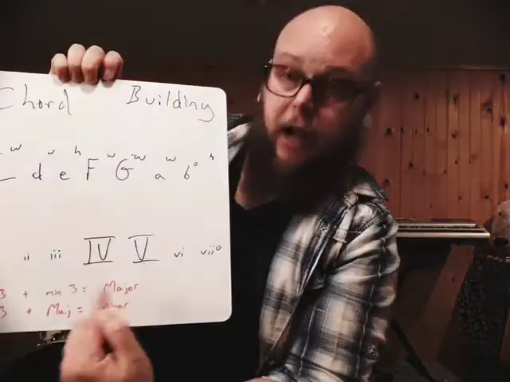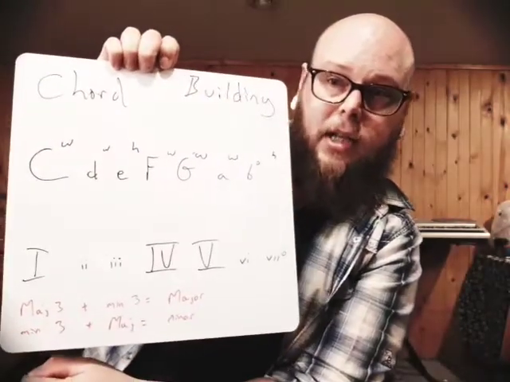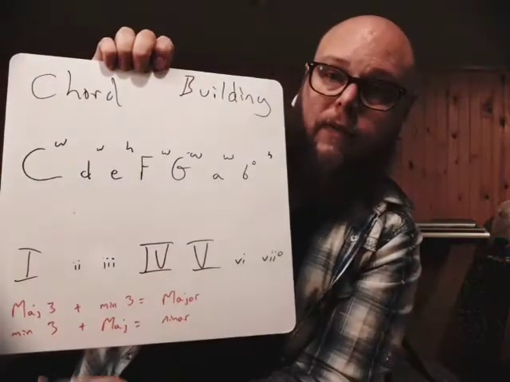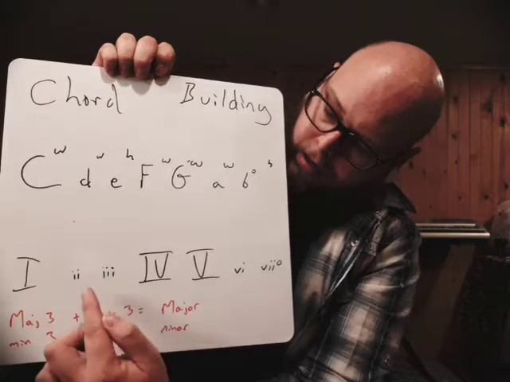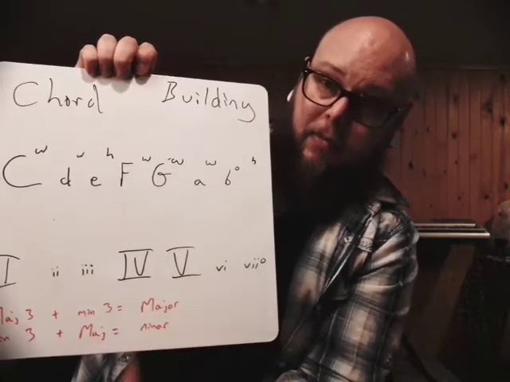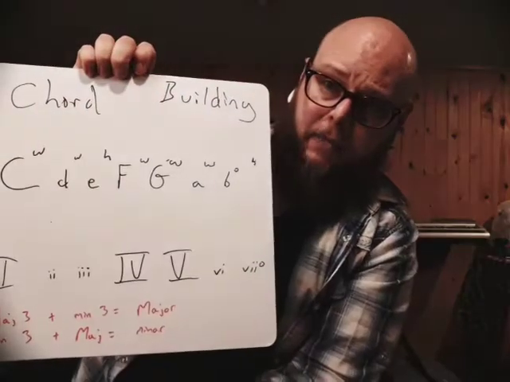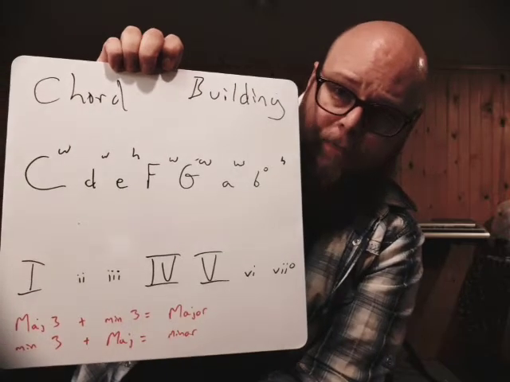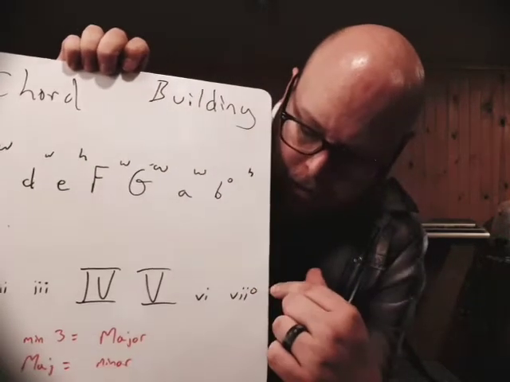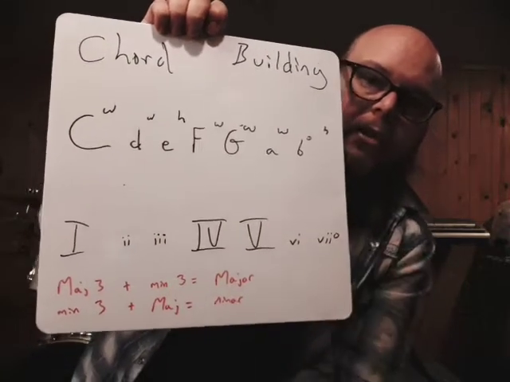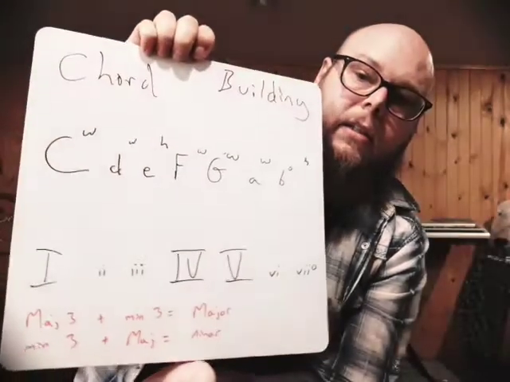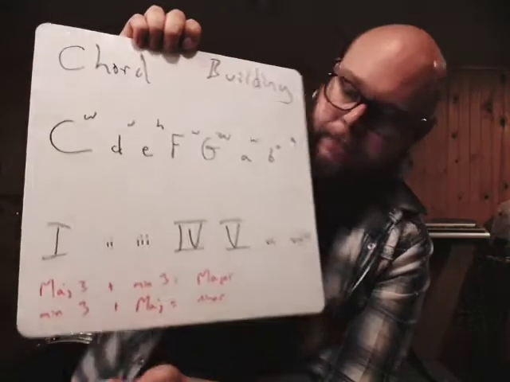So, no matter how you do this, in a major key, 1, 4, and 5 are going to be major chords. 2, 3, 6 are going to be minor chords, and your 7 chord is going to be diminished. That little circle there means diminished. Once we start adding sevenths and crazy stuff to the chords, that circle might change a little bit. We'll get there.